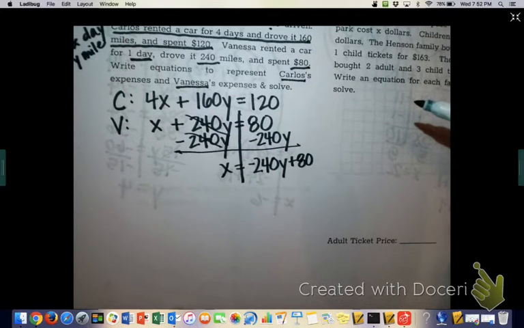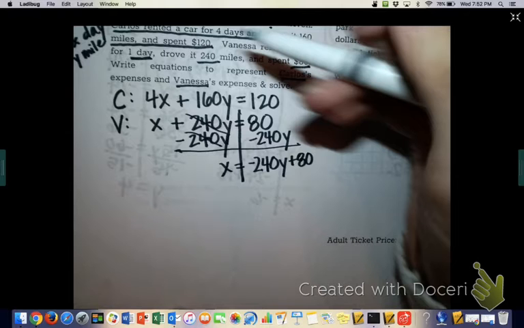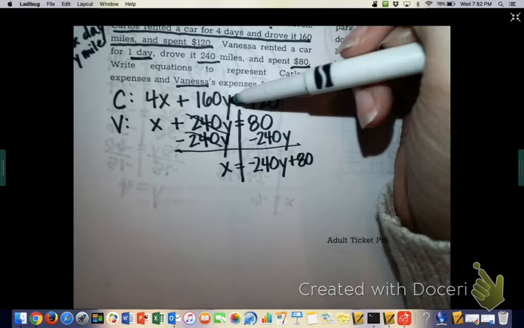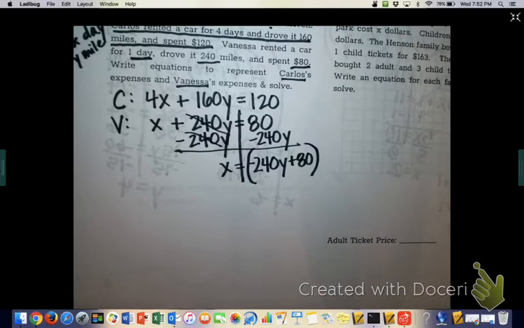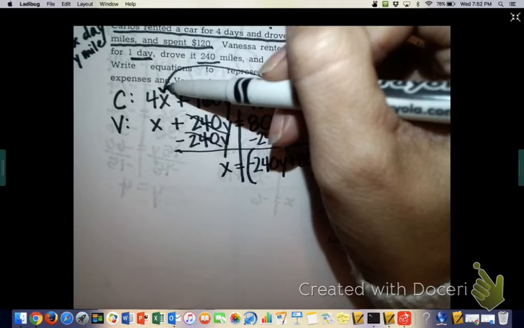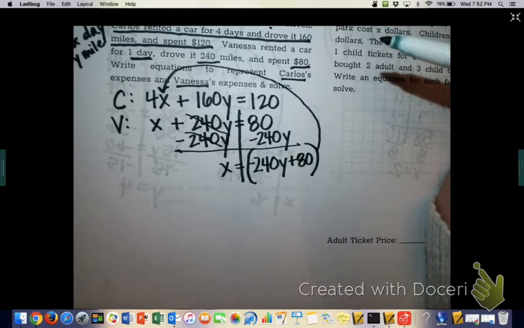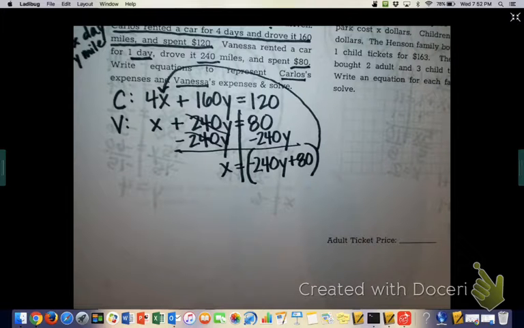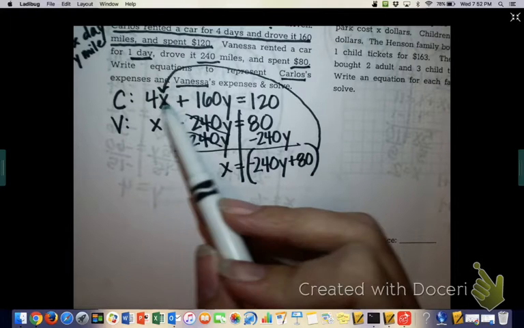We have 4X plus 160Y equals 120, and we have X equals this. Grab it by putting it in parentheses, and we're going to take it all the way up here, and we're going to plug it in for X. The reason we're plugging it in for X is because it's X equals that. So I'm going to rewrite Carlos's equation, but instead of X, I'm going to use negative 240Y plus 80.